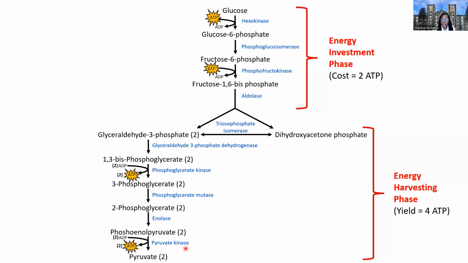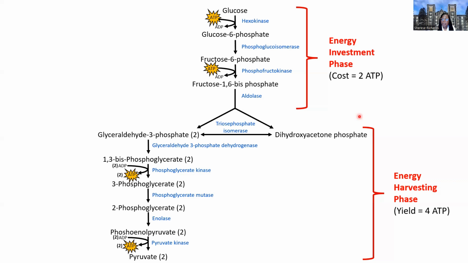And at the end of that, we end up having two pyruvate, and we end up yielding two ATP in each of these steps, which is a total of 4 ATP. But because we had to invest 2 ATP in the initial stage of glycolysis, then our net yield is only 2 ATP.